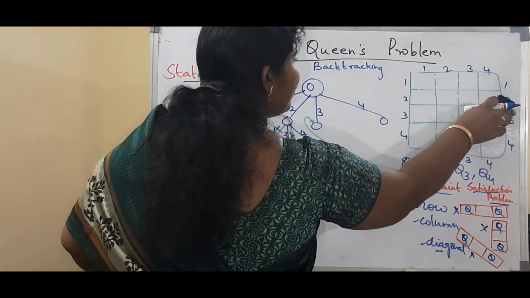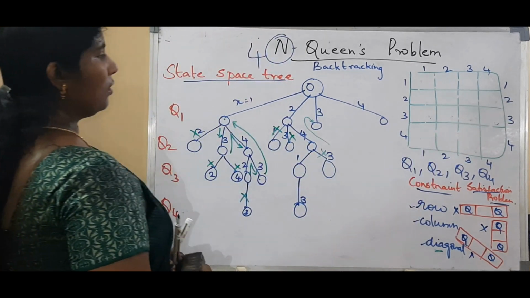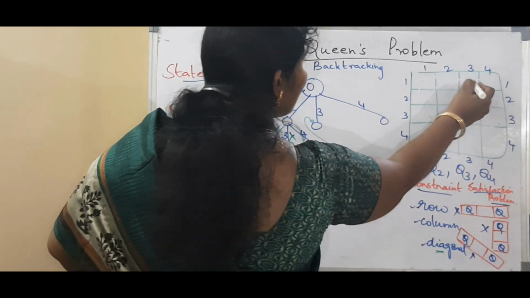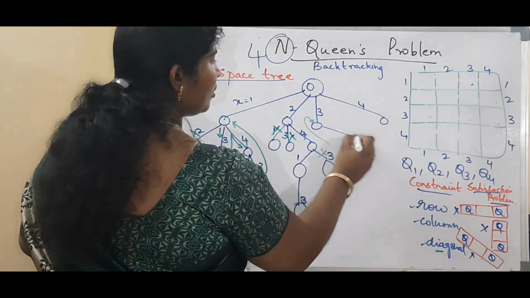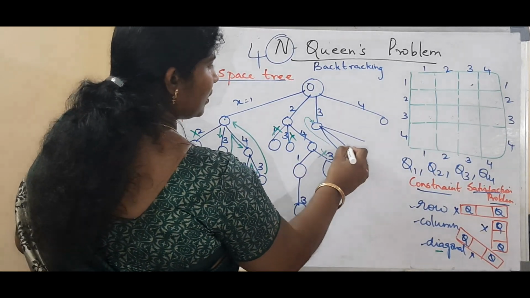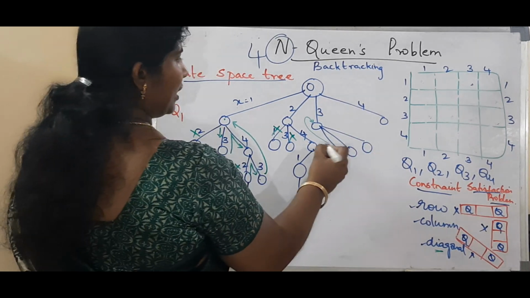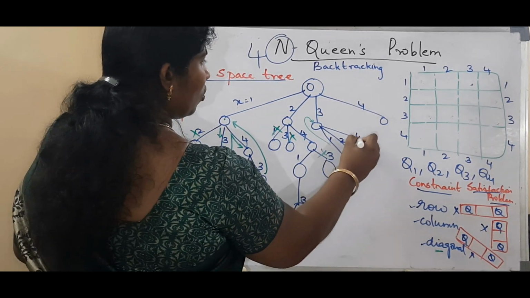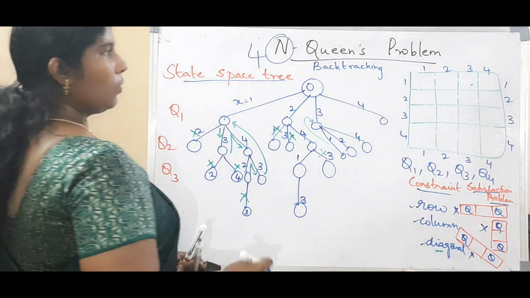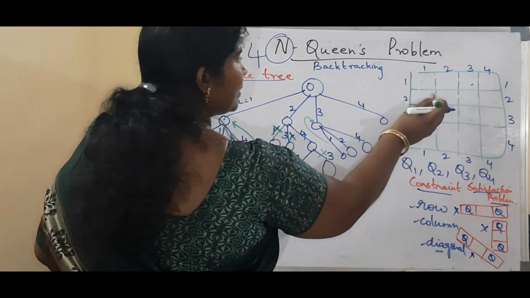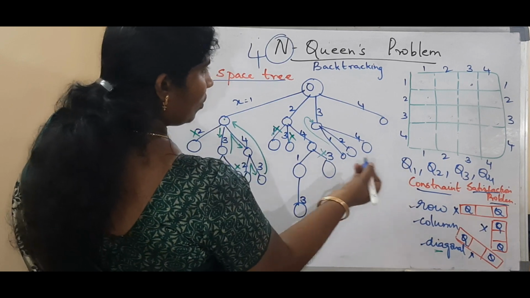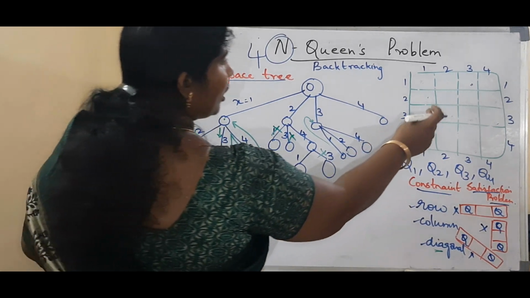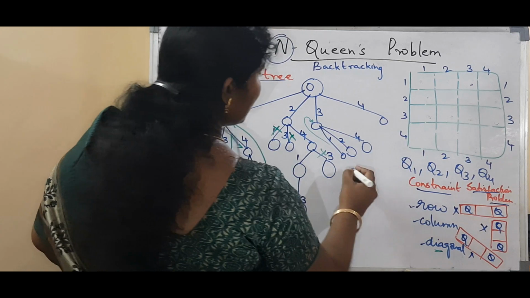Now replacing the first queen on the third column, I have 3 existences. That is, I can place it in the first, second or fourth. So if I place here, no problem, I can go on. And what are the remaining 2 solutions which I have?